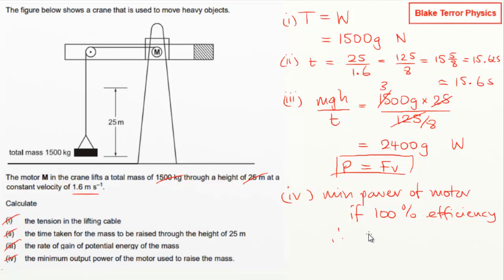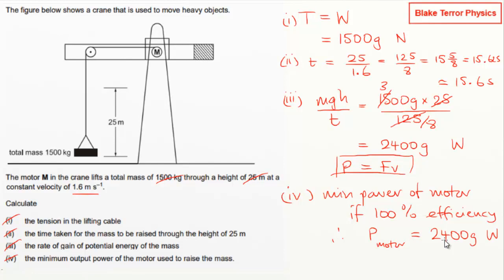Therefore, the power of the motor, P motor, is going to be 2400 g watts. Of course, we're likely to need more than that because we're going to have losses. We're going to have friction and other such things kicking around. So that's a fairly straightforward question to go through.